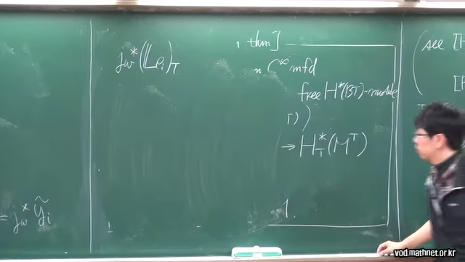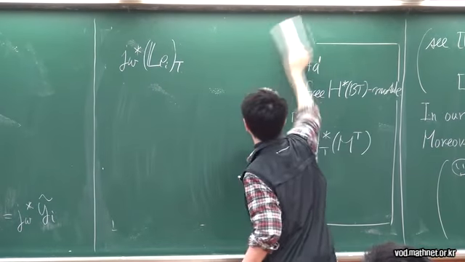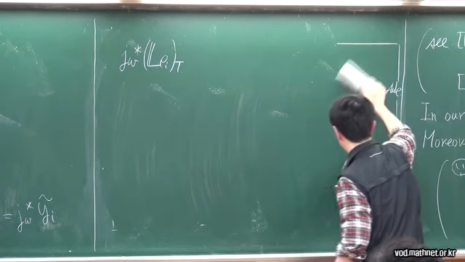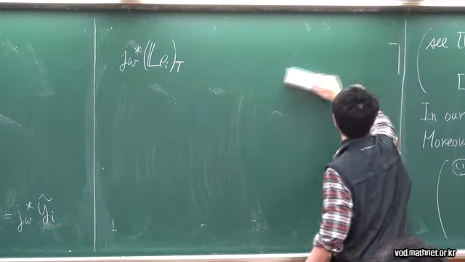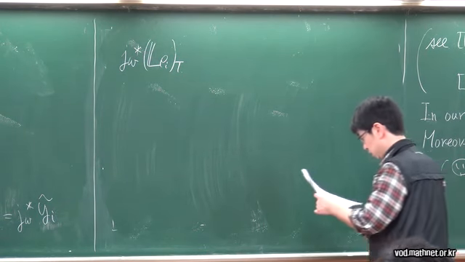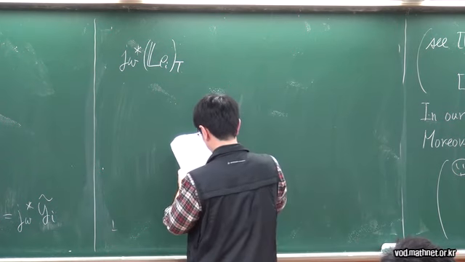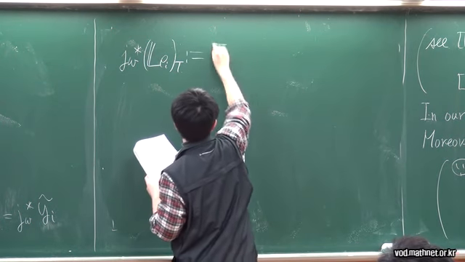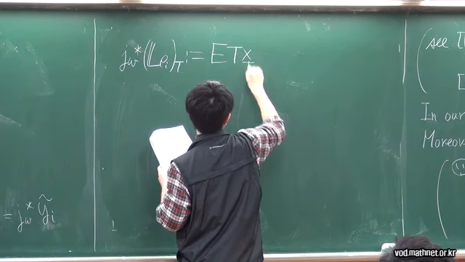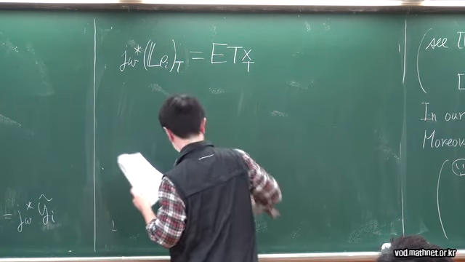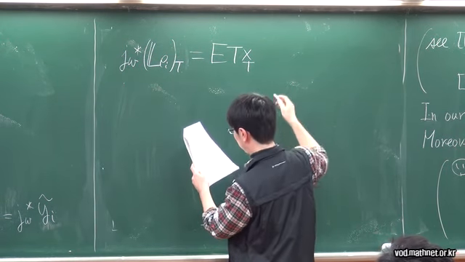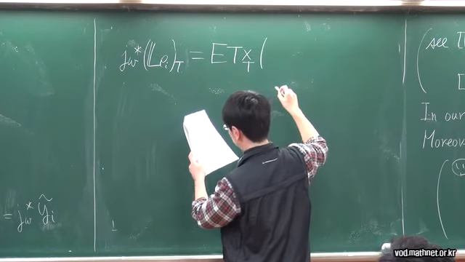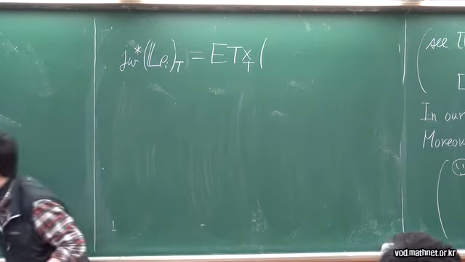Now, this total space of the pullback can be written like this. Okay, this is nothing but this one. This is actually this one. This is some equivariant bundle over this one point.